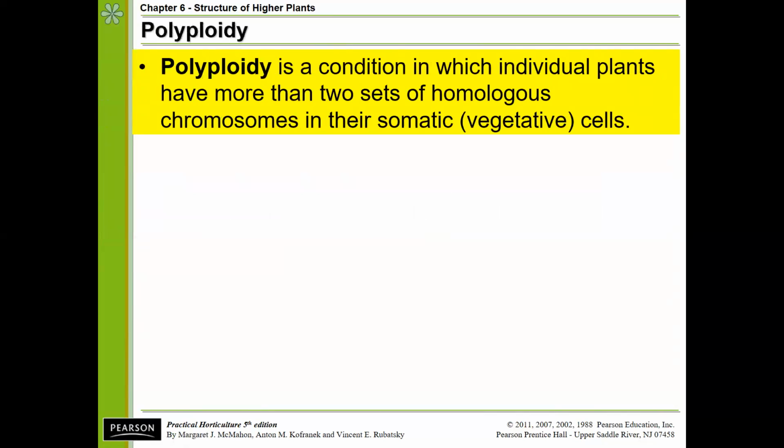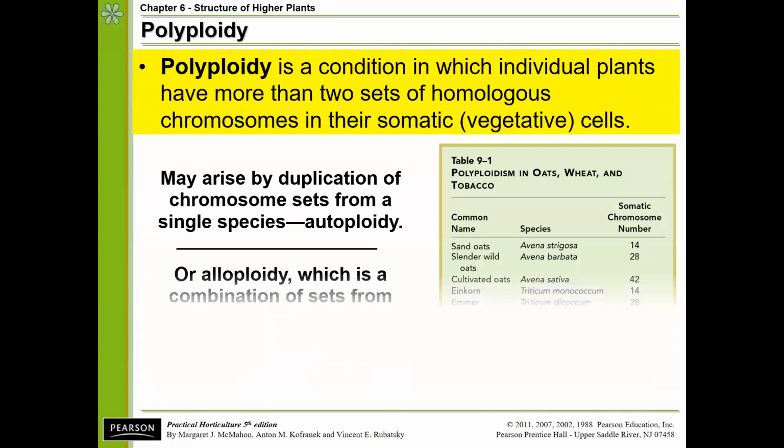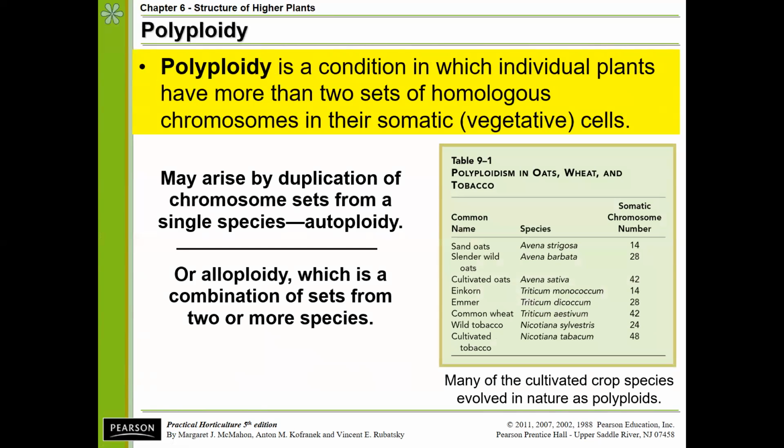Polyploidy is something that we have to examine because polyploidy is the condition in which individual plants have more than 2 sets of homologous chromosomes in their vegetative cells. The reason it is so important is that a diploid organism cannot breed with a triploid organism.